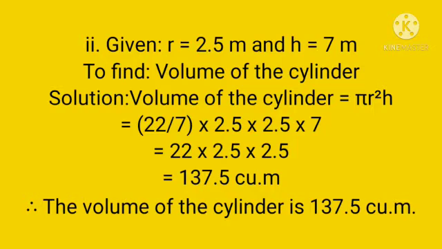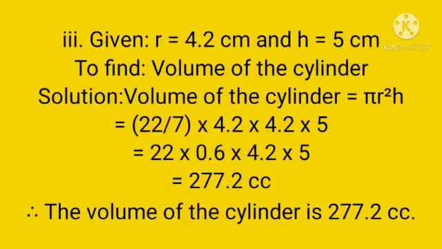So we get volume of the cylinder is equal to 22 upon 7, the value of pi, multiplied by 2.5 multiplied by 2.5 multiplied by 7, which is equal to 22 multiplied by 2.5 multiplied by 2.5. After multiplying the three numbers, we get 137.5 cubic meter. Therefore, volume of the cylinder is 137.5 cubic meter.